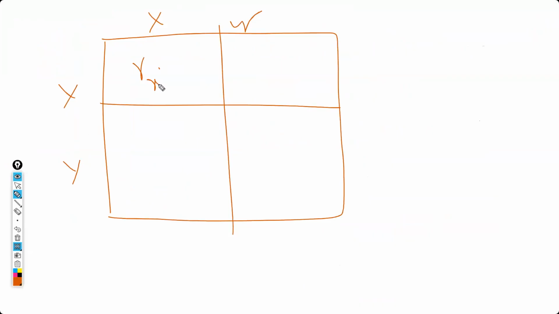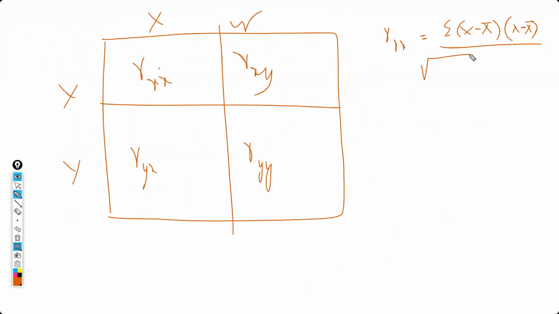Is the variance correlation of x comma x. This is the correlation of x comma y. This is the correlation of y comma x. This is the correlation of y comma y. Now first let us start with the correlation of x comma x, which is sigma of (x minus x bar) into (x minus x bar), divided by square root of (x minus x bar) whole square into square root of (x minus x bar) whole square.